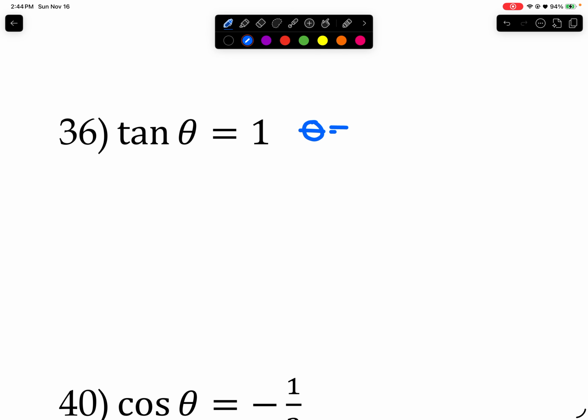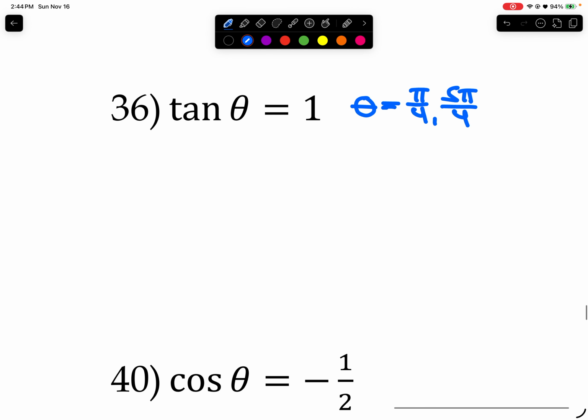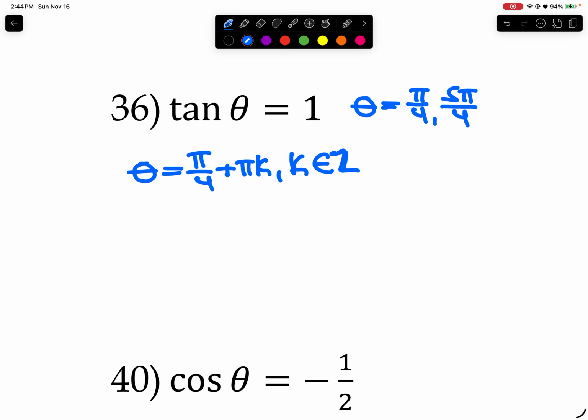That's going to happen at pi over 4, but also 5 pi over 4. So pi over 4, 5 pi over 4, those values are across from each other, which means I want one equation plus pi k. So that means theta is equal to pi over 4 plus pi k, where k is an element of the integers.